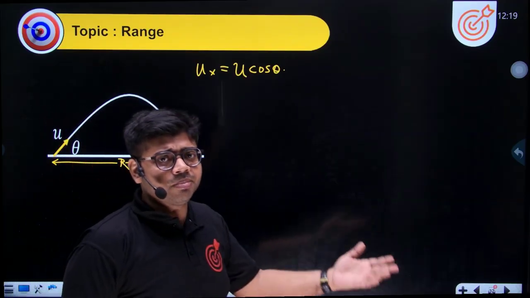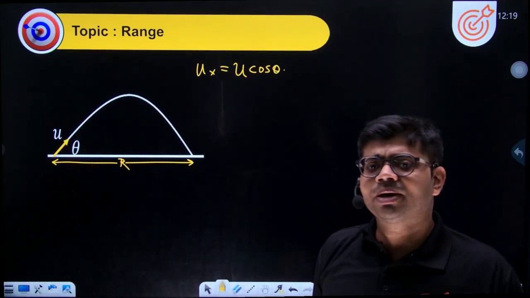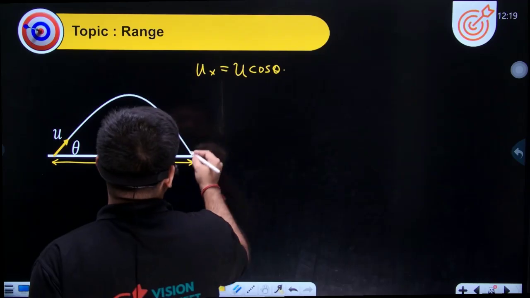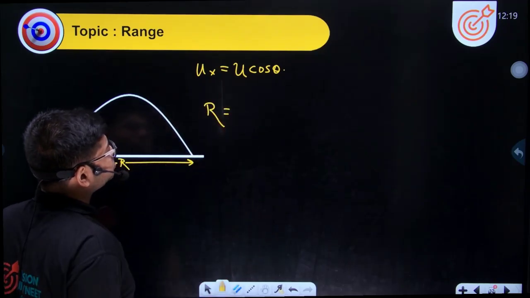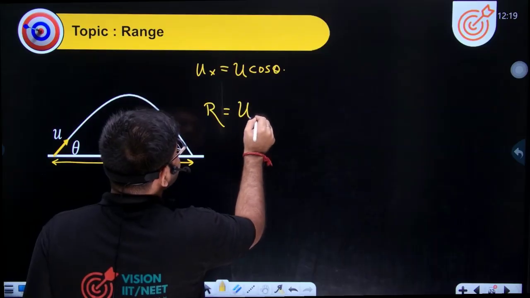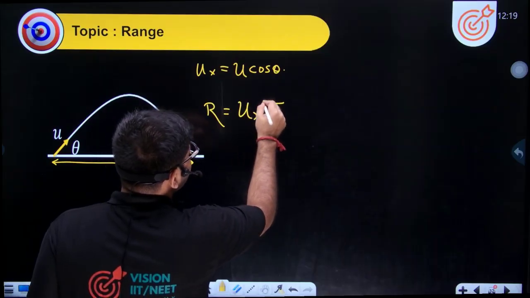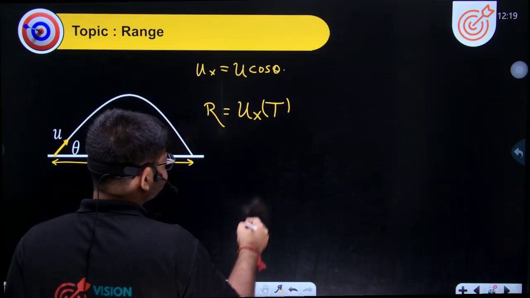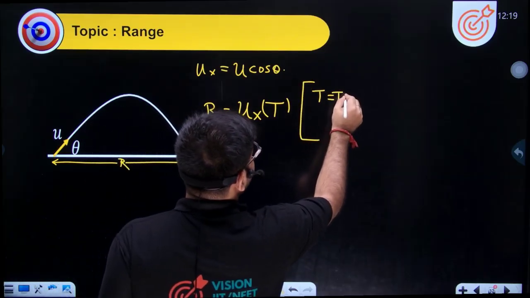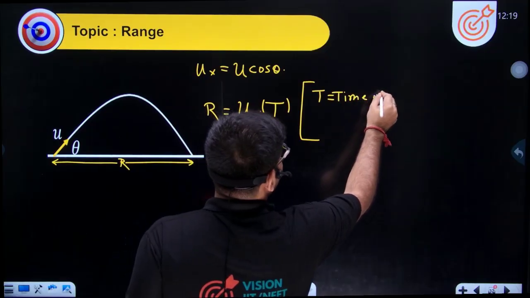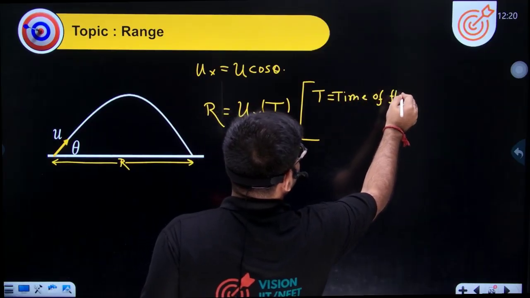The total time, na? The total time is nothing but the time of flight. So I can say that range is equal to ux into t, where t is nothing but time of flight.